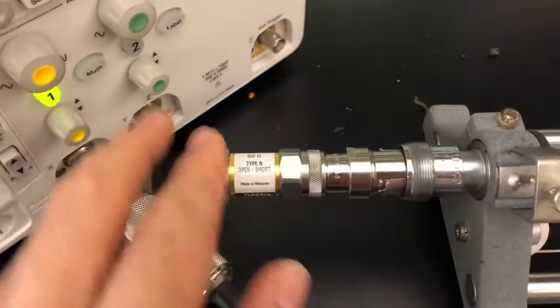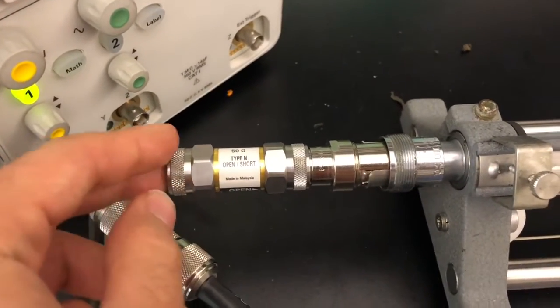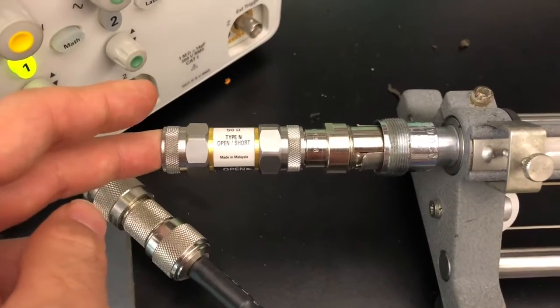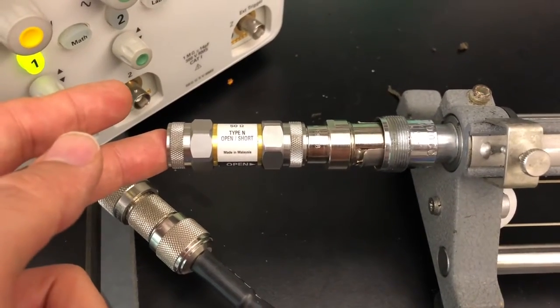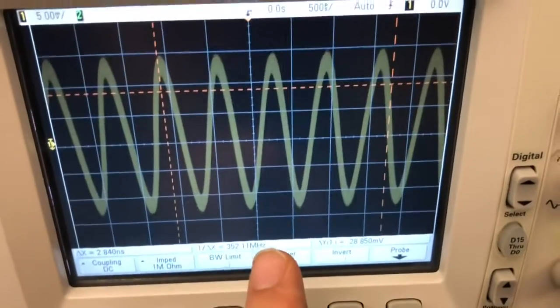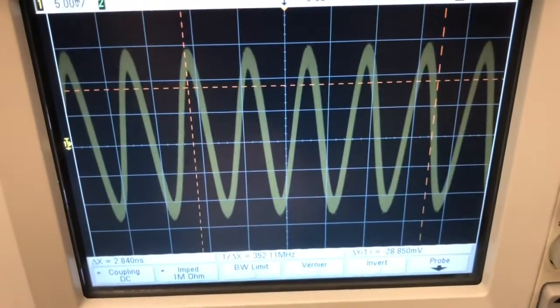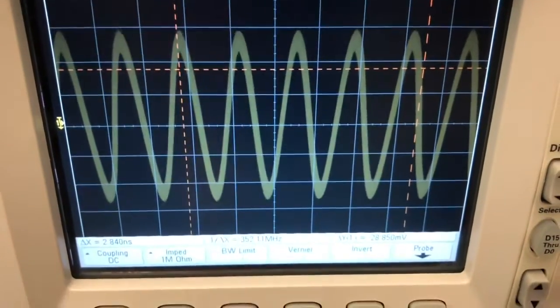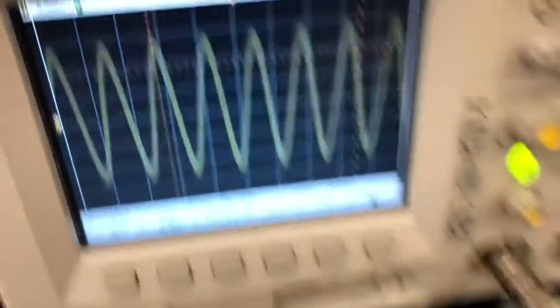When the load was short here, I just replaced it and put an open here. The oscilloscope was 0 or minimum, and now it's maximum. That's the concept of lambda over 4: you're switching between short and open.